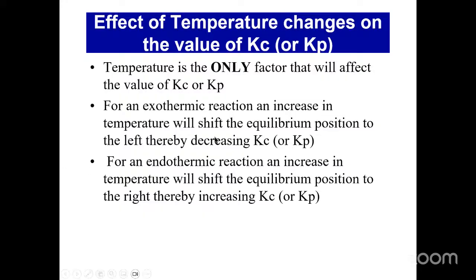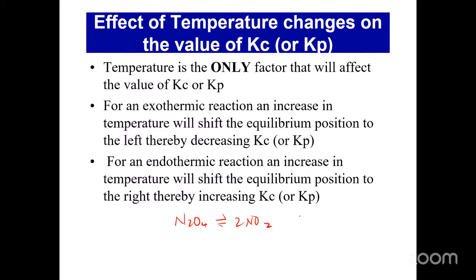And we can make a prediction as to how the equilibrium constant will change. In fact, let me go back to this example right here. Did I put N2O4 as a reactant? 2NO2? I was just trying to remember which goes on what side, but okay.